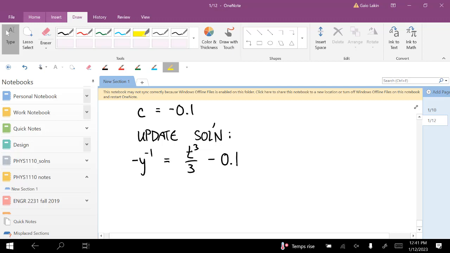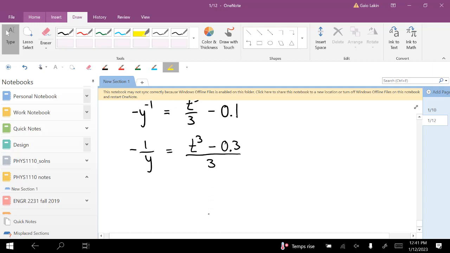So let's say negative 1 over y is equal to t cubed minus 0.3 all over 3. Take the reciprocal of both sides, and y is equal to negative 3 over t cubed minus 0.3.